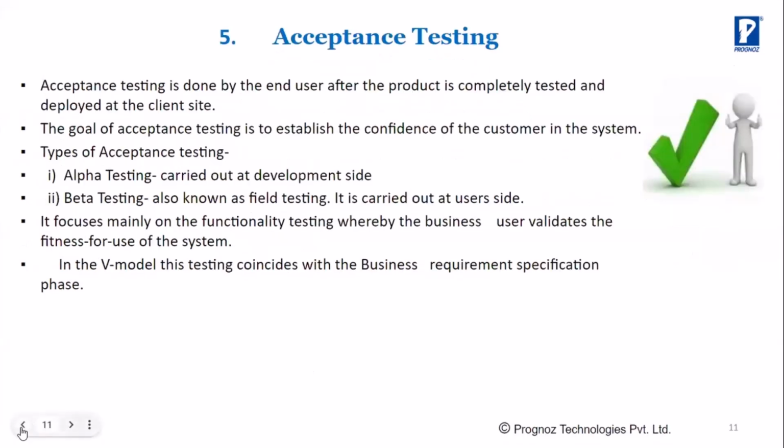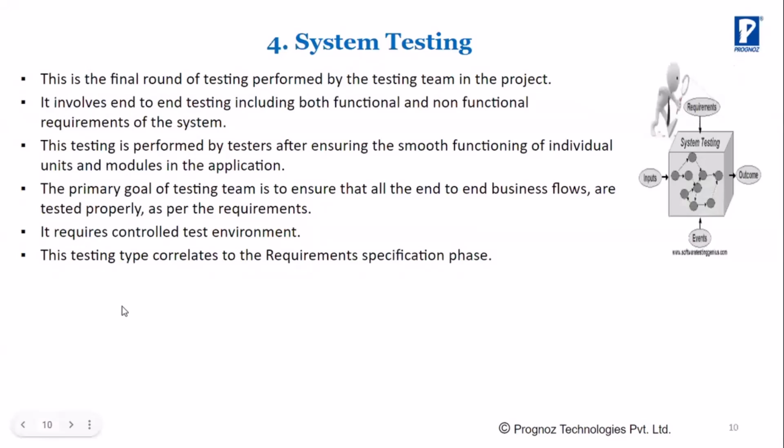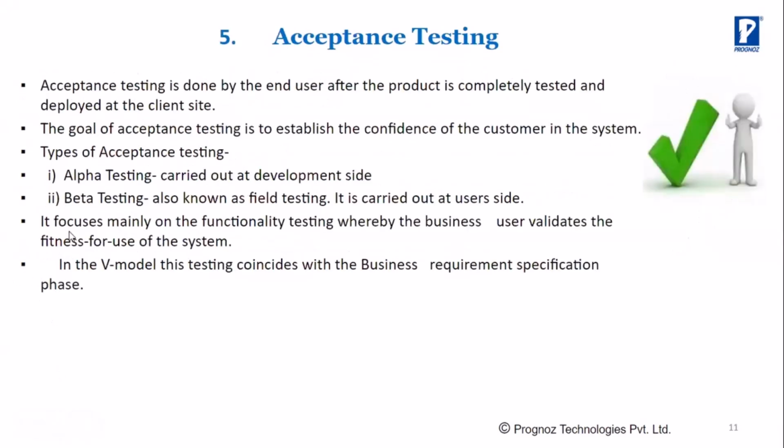And once test lead confirms that system testing is done correctly and that test report, the summary report is approved by all the stakeholders, we can say that we are ready for deployment. Then your customer team, they will come to premises development, where the development is done.